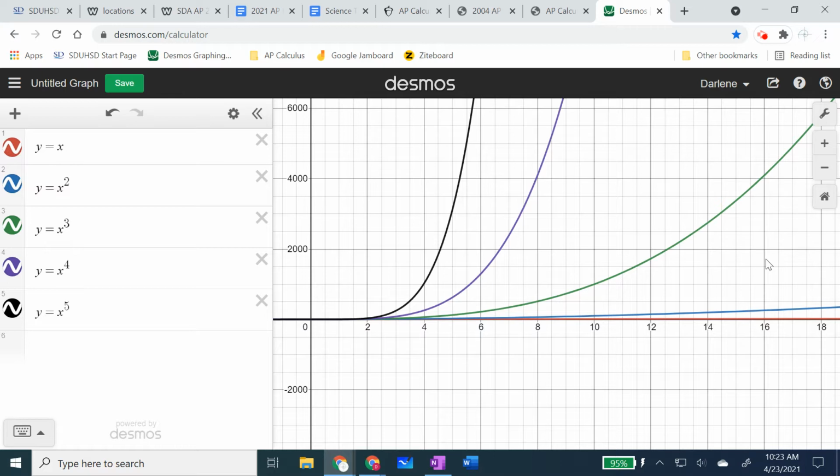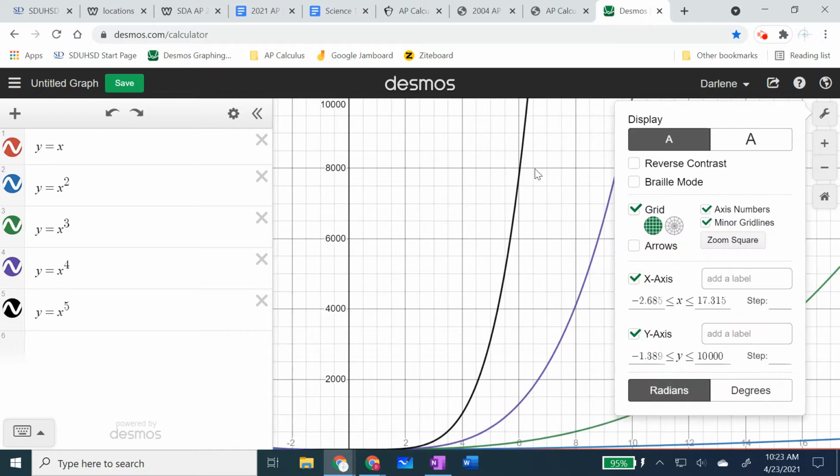What I'm hoping you can see, and again, this is a distortion, but it's helping you to see the power of the higher exponent and how much faster it heads to infinity than anything of lesser degree. So I'm going to go back over here and I'm going to add some more zeros in.